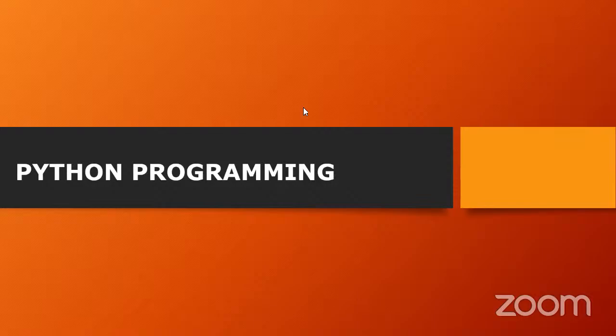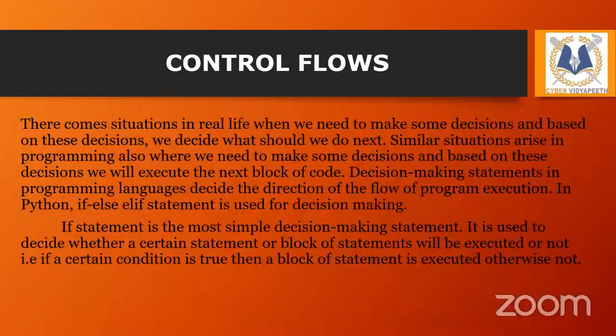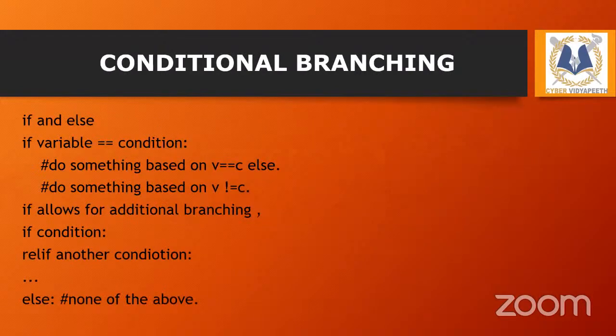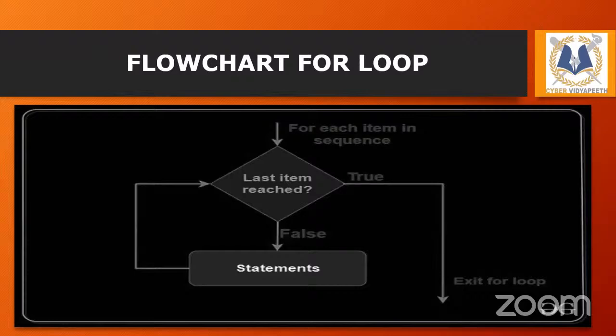As we know, if you look at the PPT, we have studied till this portion, right? Conditional branching, and we have also technically seen loops, right? So I'm not going to spend too much time on the flowchart of the loop and how the loop works. You can just have a look at it.